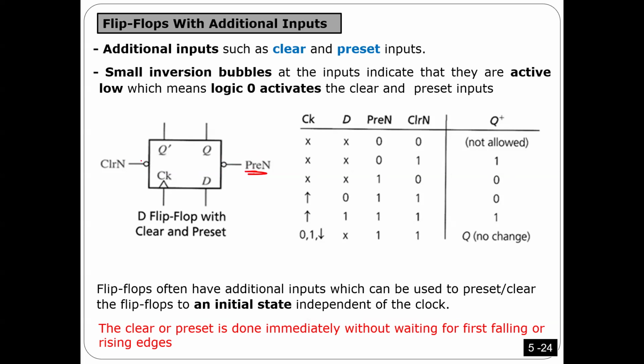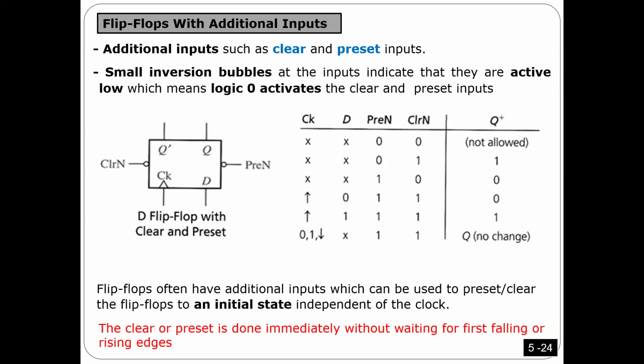Can I design it to make it active high? For sure, yes. You can design it to make it active high. So in this case, when it is 1, clear; 1, preset. Is that okay? But here in this case, if you have a chip, or in the coming lab, if you look at the chip and you find, for sure, the clock is basic, okay, Q prime, Q and D.